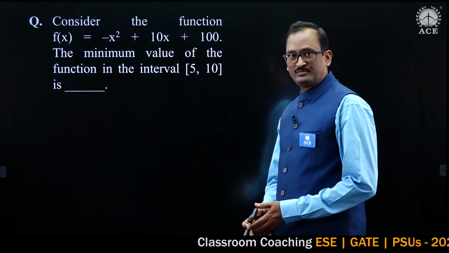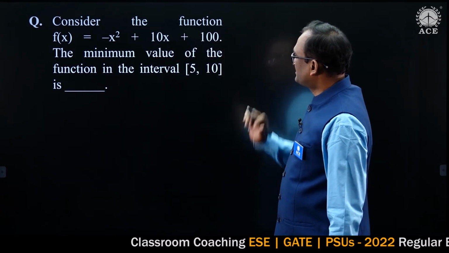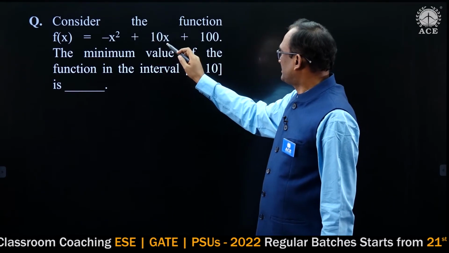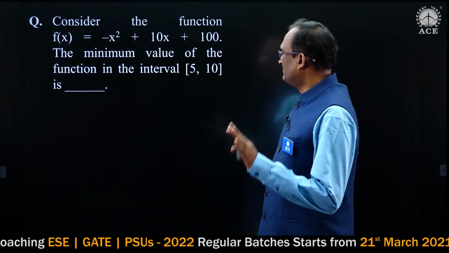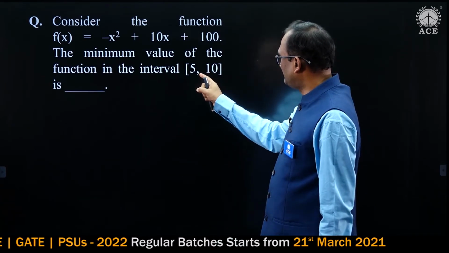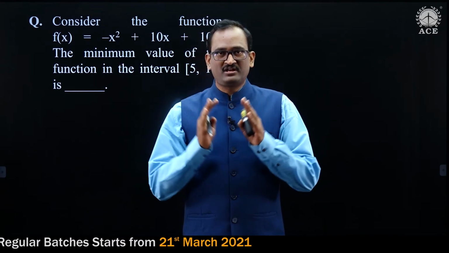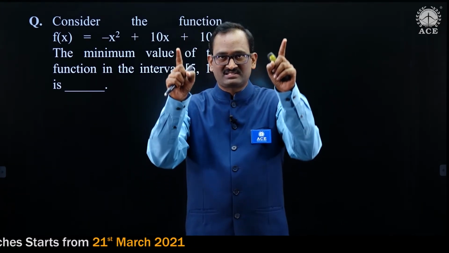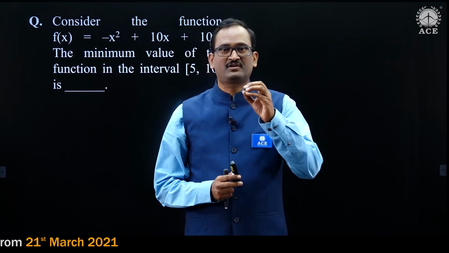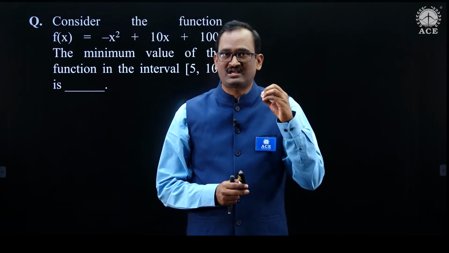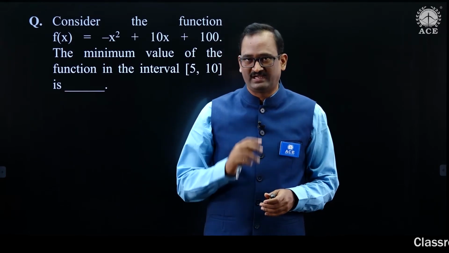Read the given problem. Consider the function f of x is equal to minus x square plus 10x plus 100, the minimum value of the function in the interval 5 comma 10. Whenever you are asked to find maxima and minima in a certain interval, that meant for global maxima and minima, I mean absolute maxima and absolute minima, we need to find.